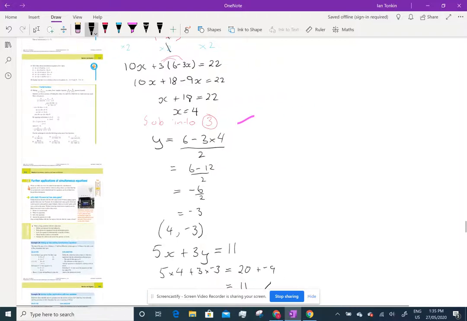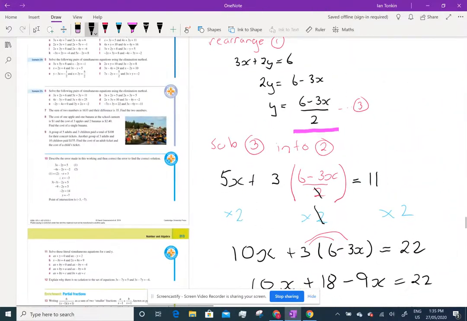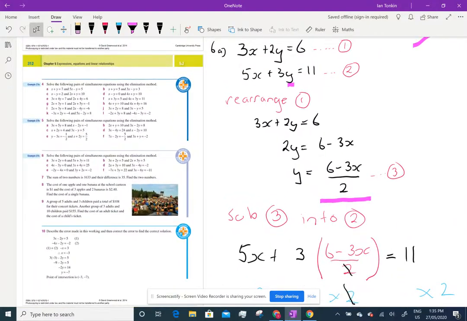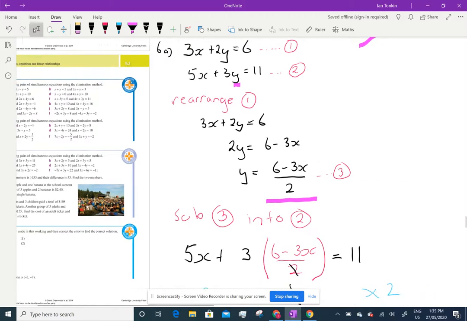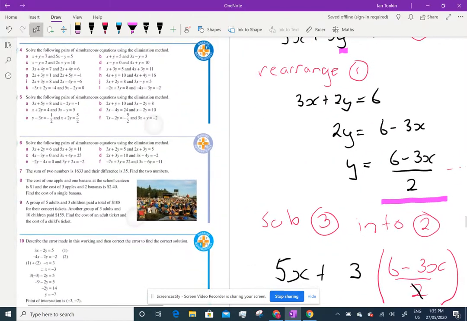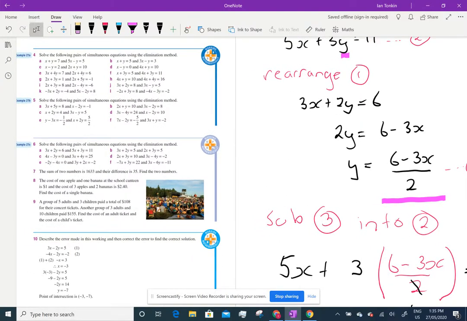Now, I did say I would do 5e. I'm running out of time, but I'll try and do it very quickly here. So what are these equations? I'm just double checking that that is the right question that we have to do. 6e, righto.